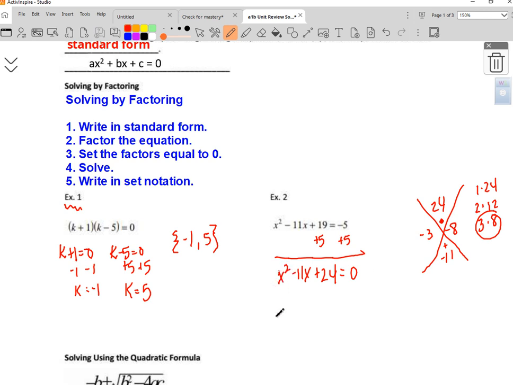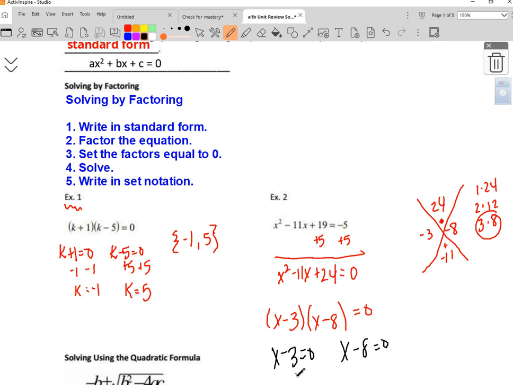Now, since this is a equals 1, all I've got to do is give myself my parentheses, and since it's an equation, I'm going to write equals 0. x goes in both first spots. Fill out the rest of my parentheses. And then we go x minus 3 equals 0, and then x minus 8 equals 0.